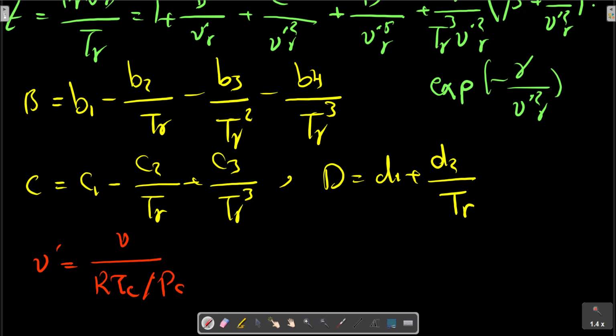Empirical constants for the simple fluid for this equation are given in Appendix table D.2.1.